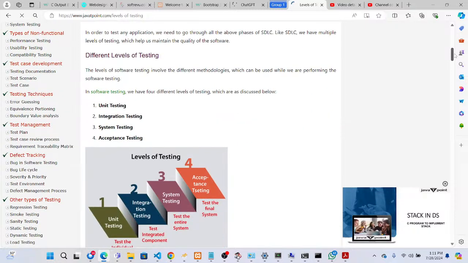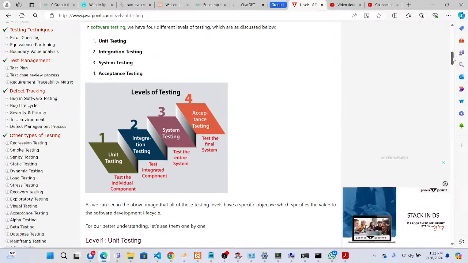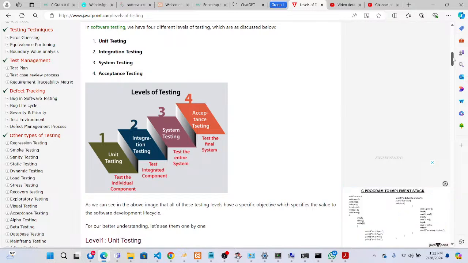We have four different levels of testing: unit testing, integration testing, system testing, and acceptance testing. Unit testing tests the individual components. Integration testing tests the integrated components, that means between the two modules. System testing tests the entire system.